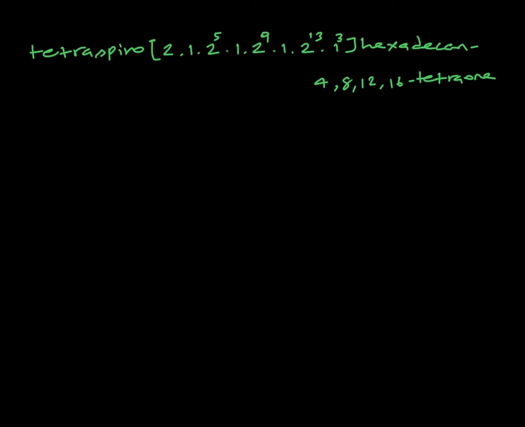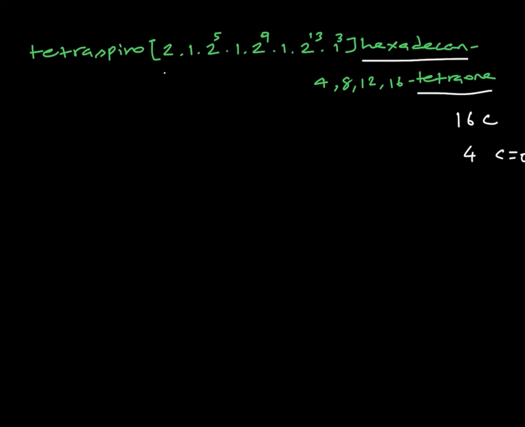Our next example is a tetraspiro compound, and we have our root word hexadecane, that means 16 carbon atoms in the parent chain, and tetravone, that means 4 keto groups are there. So let's work out the structure.